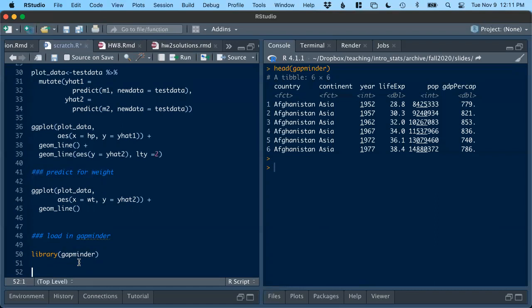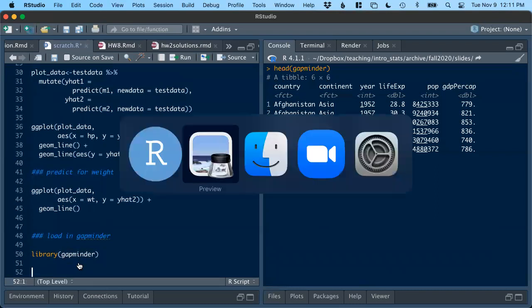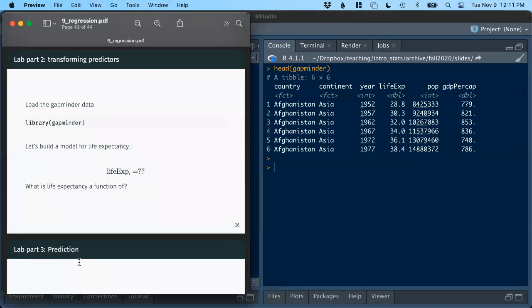Okay, this is what's inside Gapminder. We have country, continent, year, life expectancy, population, GDP per capita. So what I'd like us to do is build a model for life expectancy based on the data we have.